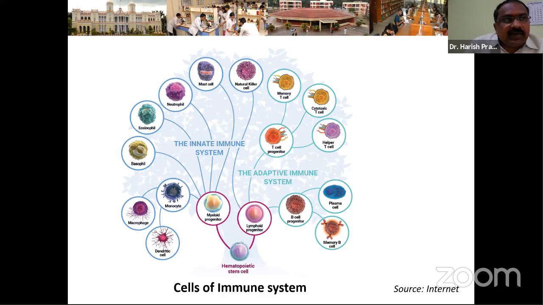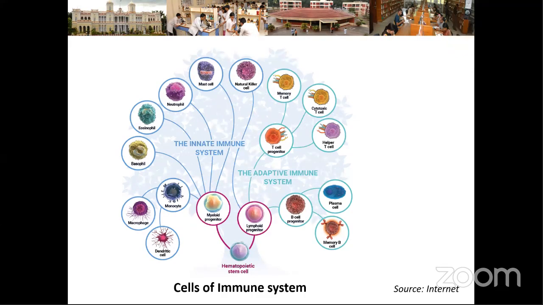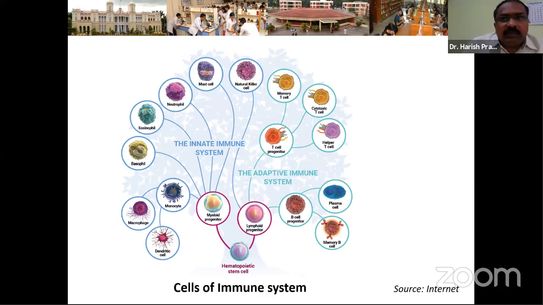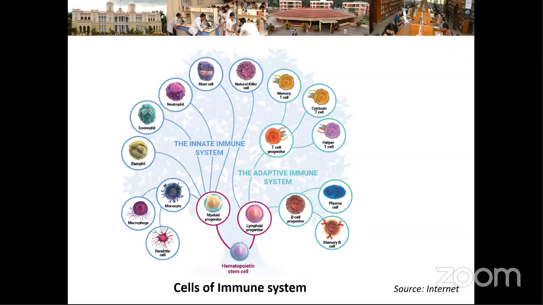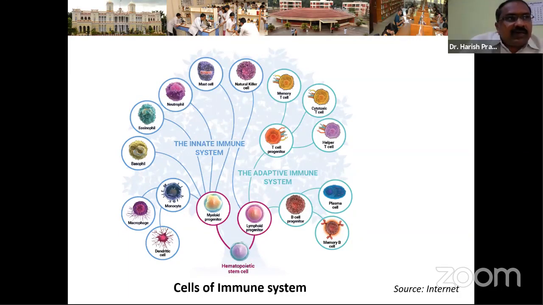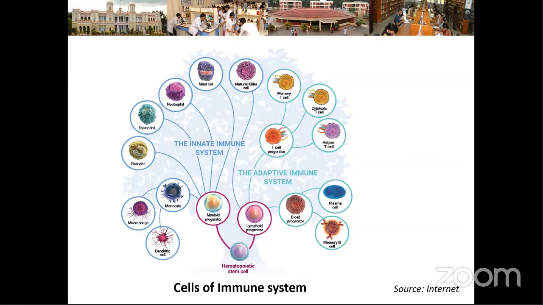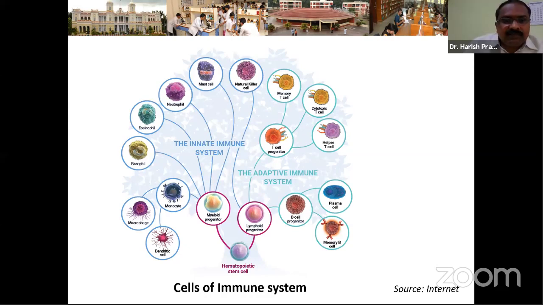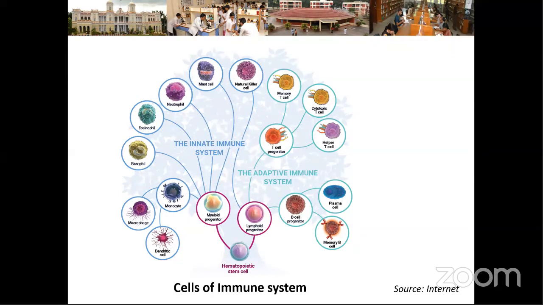So with a lighter introduction of immunology, we know that the immune system is there to defend against infection and diseases. This is why we require the whole immune system. And as you can see in the slide, it consists of two major arms: one is the innate immune system and one is the adaptive immune system.